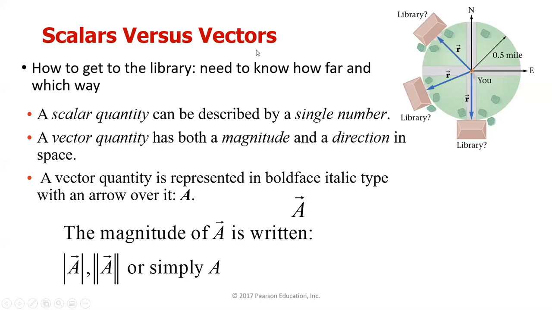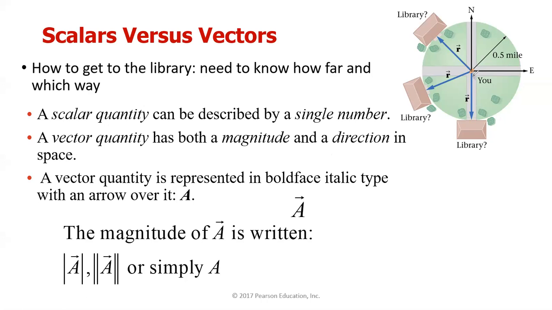What is a vector? And what is a scalar quantity? Any physical property I could define, I could categorize into vector and scalar. For an example, let me use this pen. Let's say you are somewhere here.